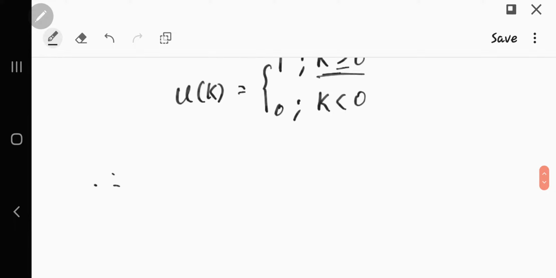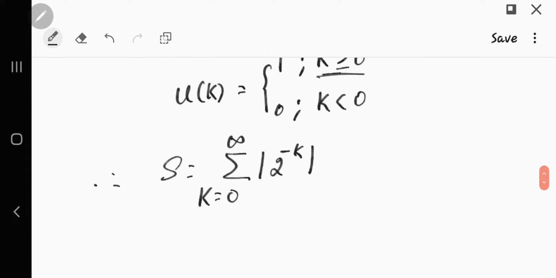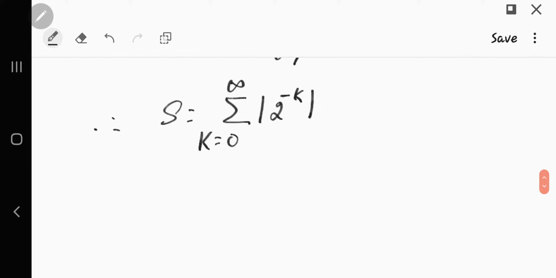So therefore, S is equal to summation k equals 0 to infinity of 2 to the power of minus k. Just for convenience, I will write this as summation k equals 0 to infinity of (1 by 2) to the power of k.